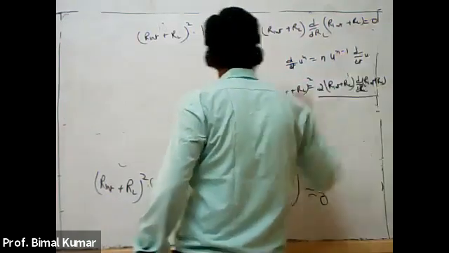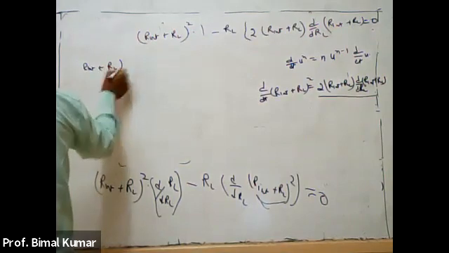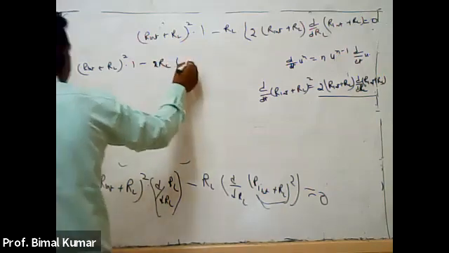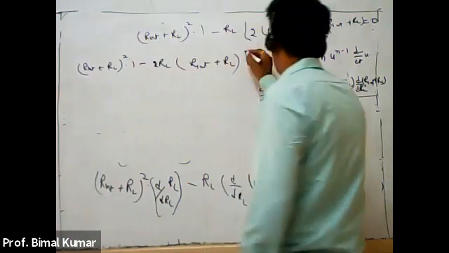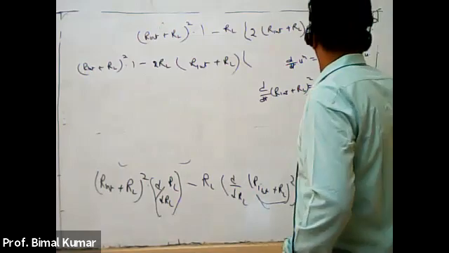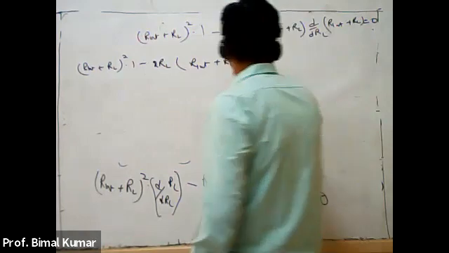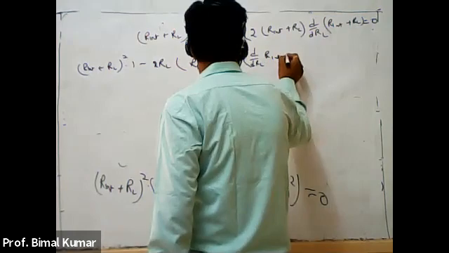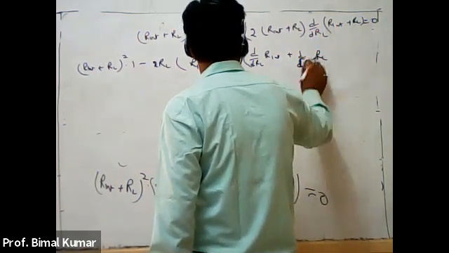So this will be (R internal plus RL) whole square into 1 minus 2RL into (R internal plus RL) into d by dRL of R internal plus d by dRL of RL.